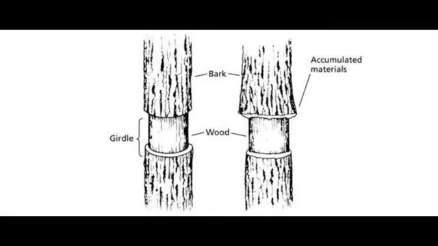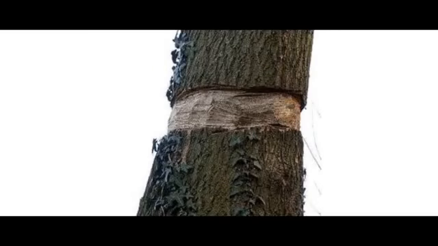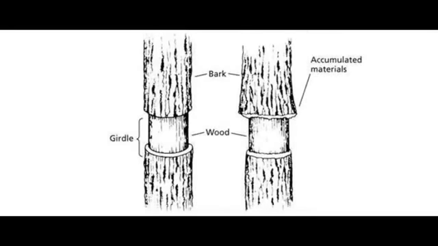In an experiment to illustrate the conduction of sugars by the phloem, a ring of bark is removed from a shoot to expose the wood. After a few days, when the tissue above and below the ring was analyzed, it was shown that food had accumulated above the ring but was not present below it.